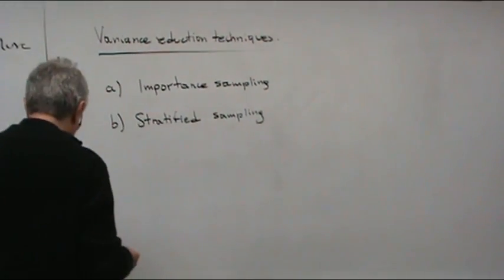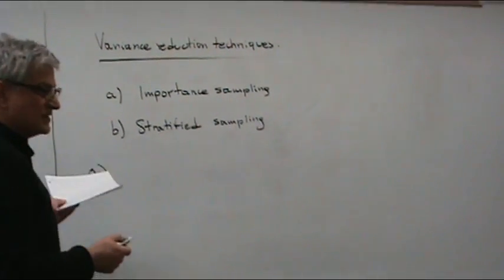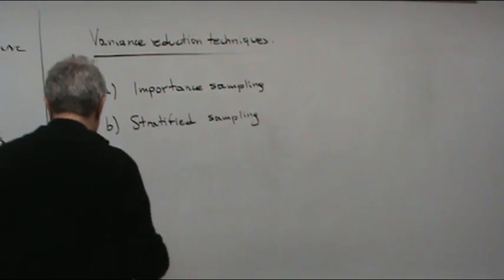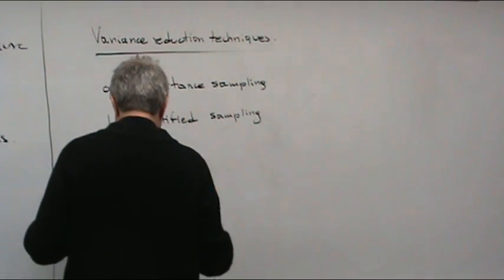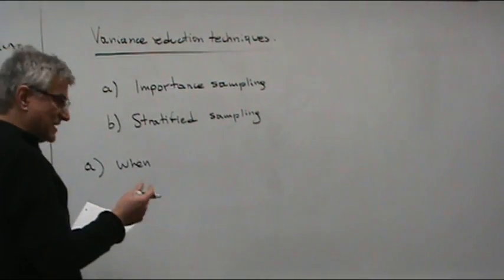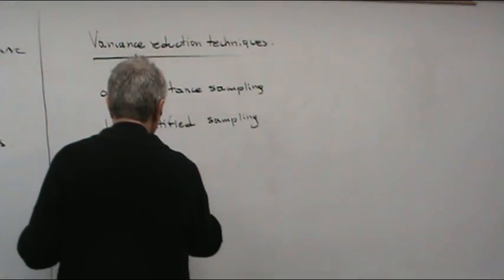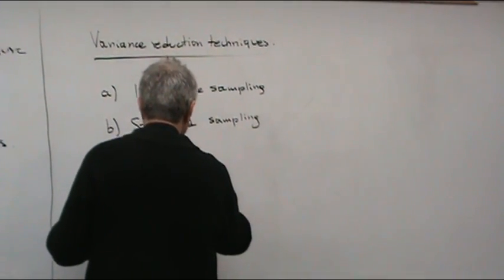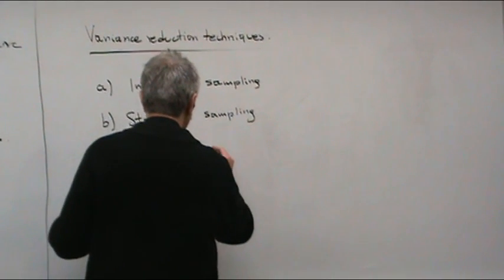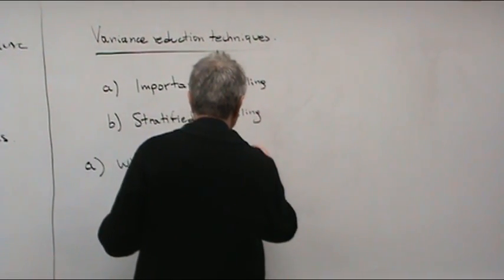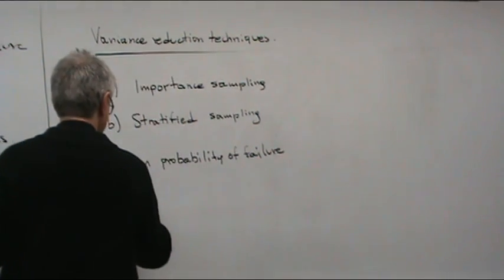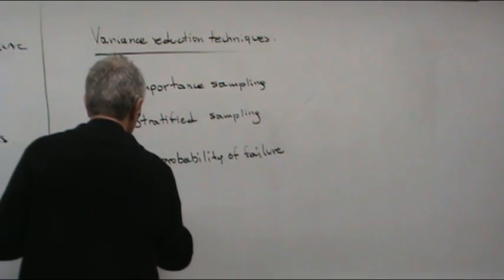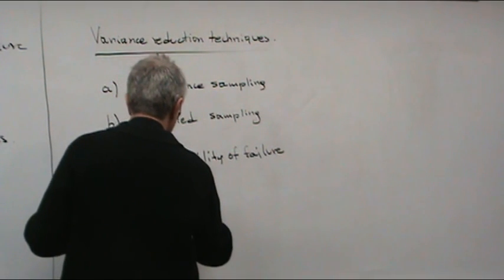So let's give some idea first about why we need importance sampling. When the probability of failure is low, you need too many replications.